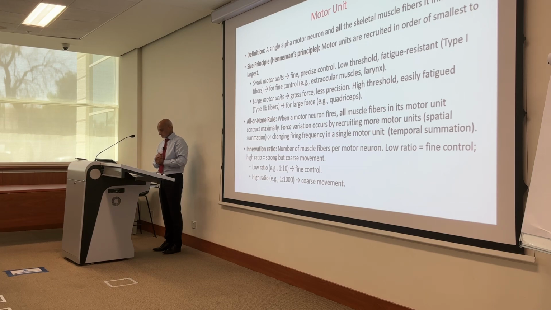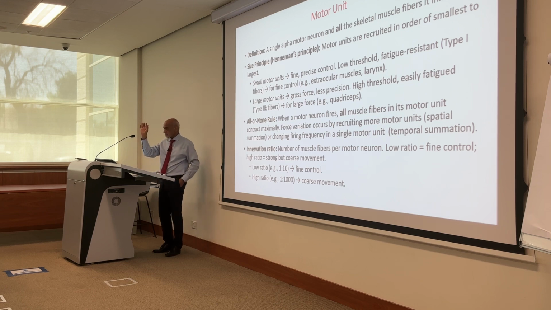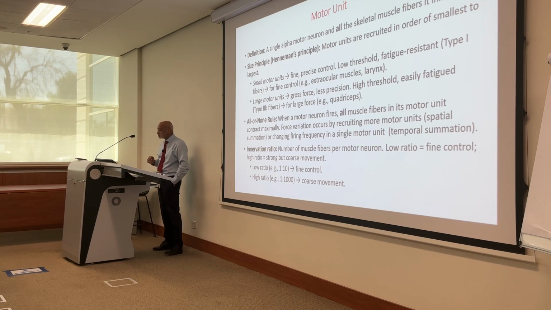All right? Again, I mentioned to you in that little table when I gave you in the second lecture, in the summary, I said you can have motor units that are small. In other words, the neuron is going to few fibers. Or they can go to larger units, large fibers.